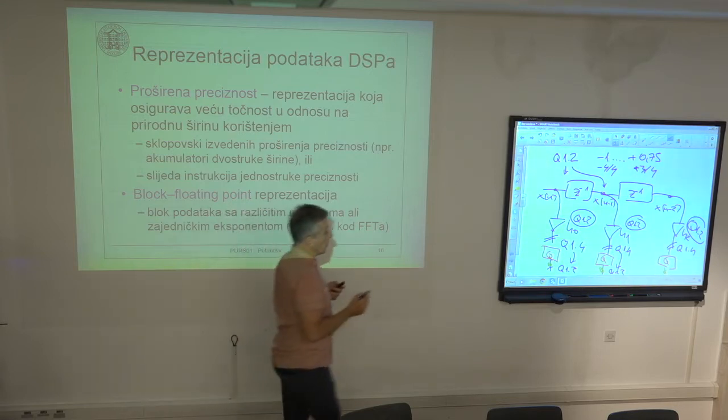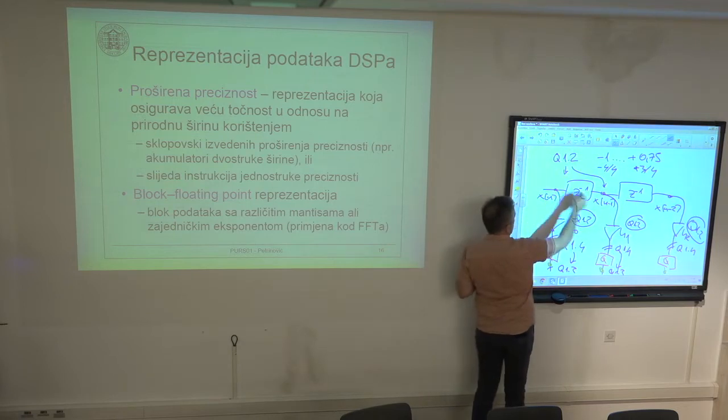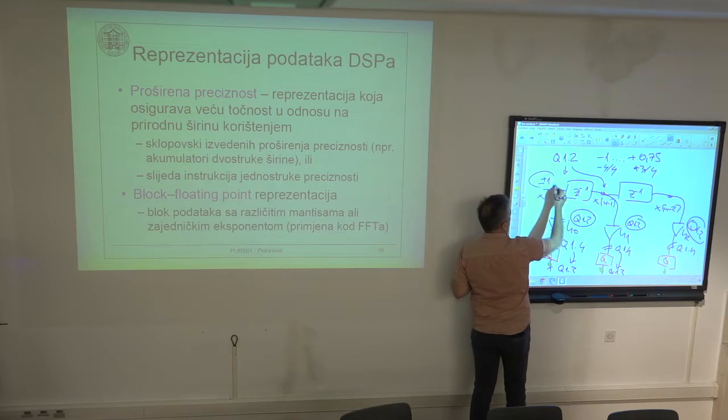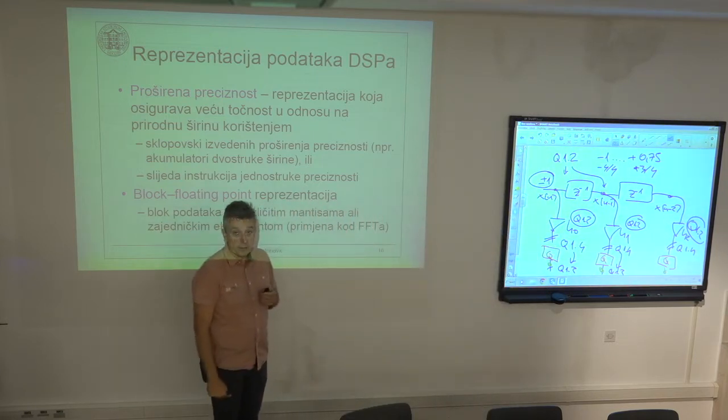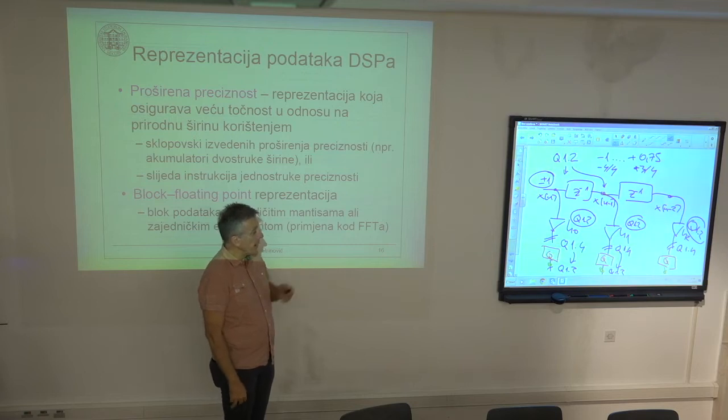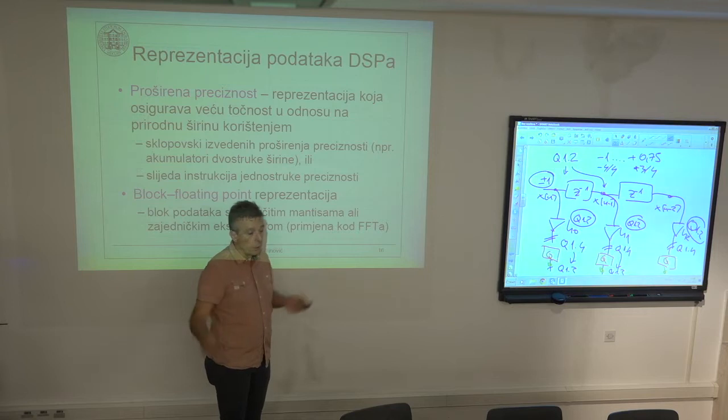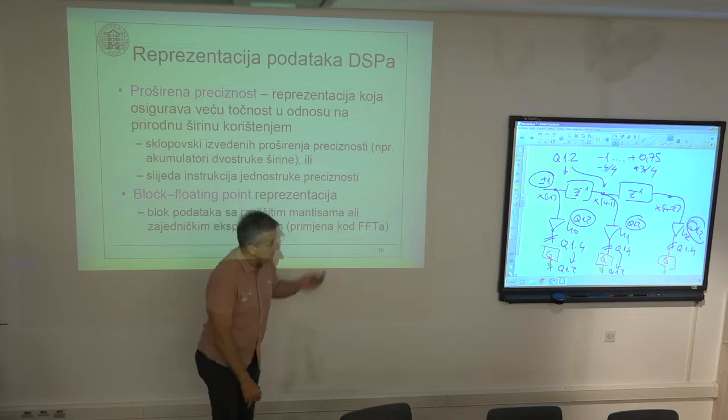Since the value of x[n-1] is plus minus 1 for the fractional representation, plus minus 1 in the worst case. So then I ask myself, what is the worst case value for the sum of products?